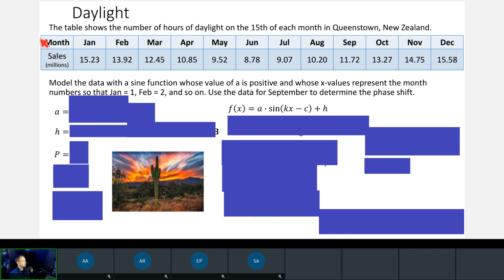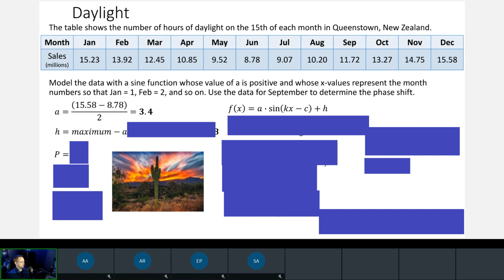All right. So I'm going to quickly go through A, H, and P just because it's the same thing from last question. So alpha is just going to be the max minus the min divided by 2. And that's how we get 3.4 for alpha. The height, so the vertical shift, which is what H is, we use that formula. I use the maximum minus alpha in this case.